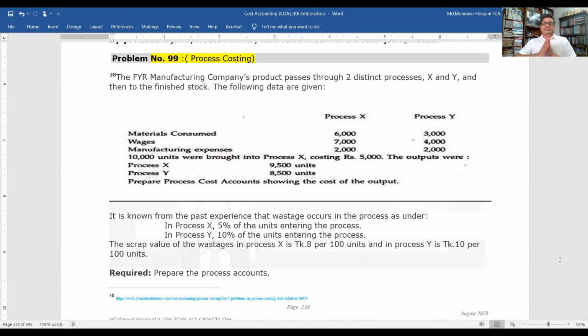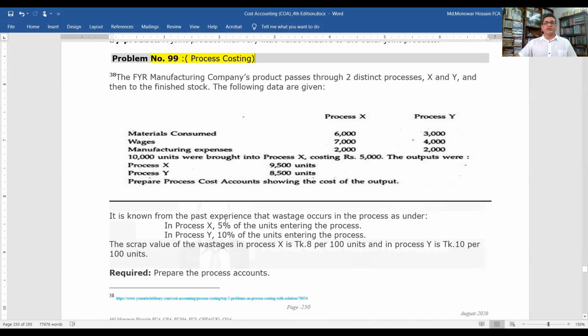The following data is given: material consumed in process X 6,000 and process Y 3,000; wages 7,000 and 4,000; manufacturing expense 2,000, also 2,000 for process Y. 10,000 units were brought into process X, and costing takes up 5,000. The output was process X 9,500 units and process Y 8,500 units.